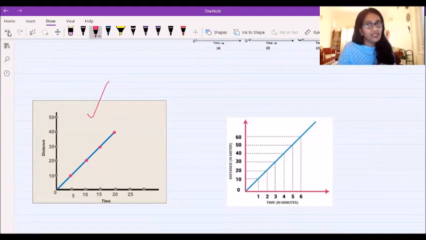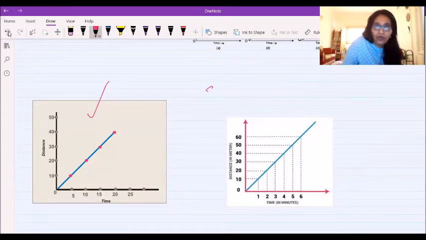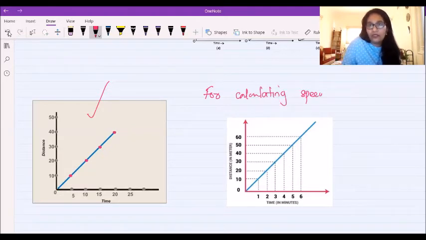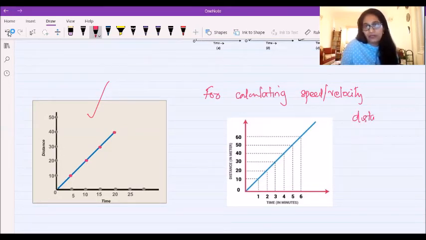Again, in this lesson, we are taking velocity and speed in the same sense because we are dealing with straight line motions. Otherwise also, suppose you have distance and time, you can easily calculate speed or velocity. How will you calculate? You take distance divided by time.